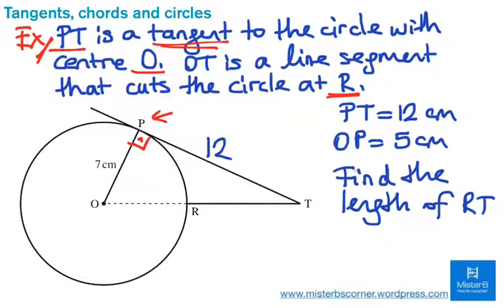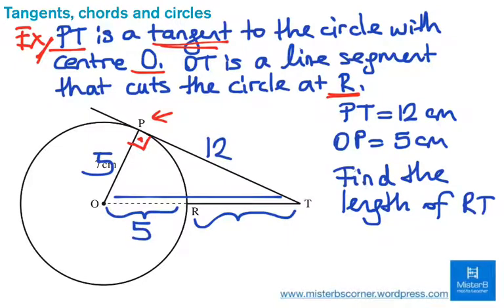And we're asked to find the value of RT only, not the whole hypotenuse. That's okay, because we know this bit is the radius, so it's also 5. So I'm going to find the whole hypotenuse, OT, and then take away 5.